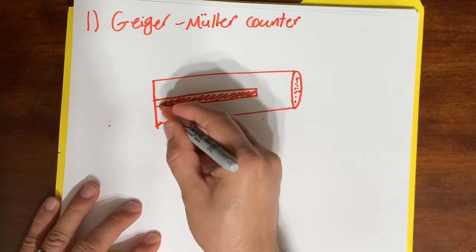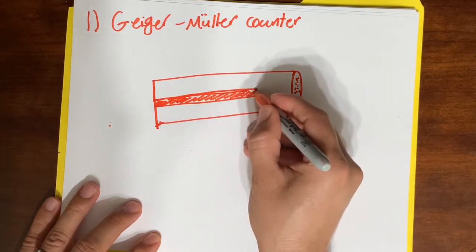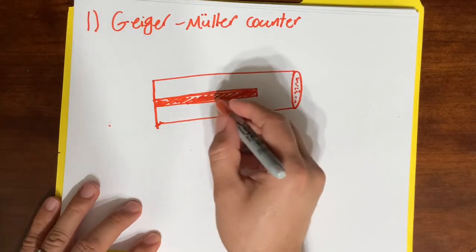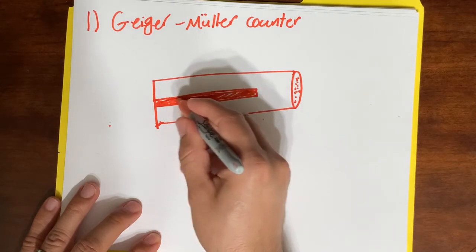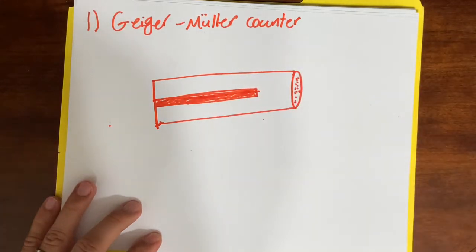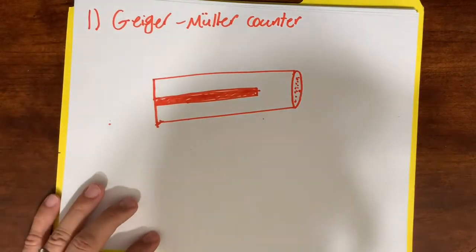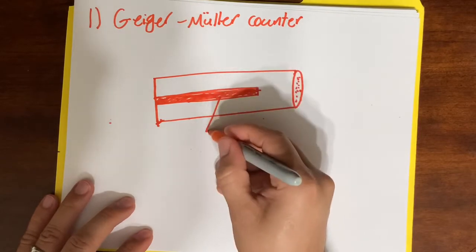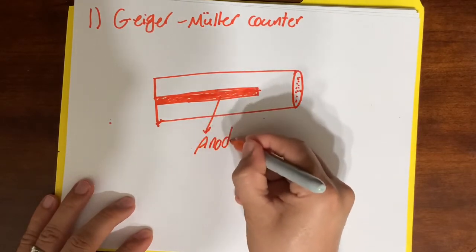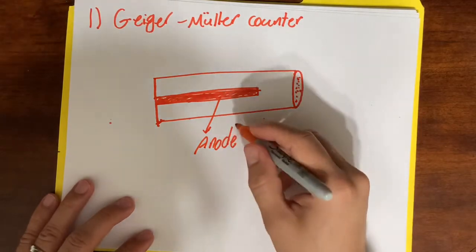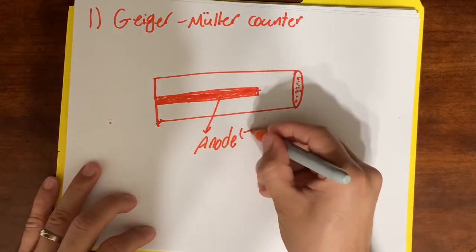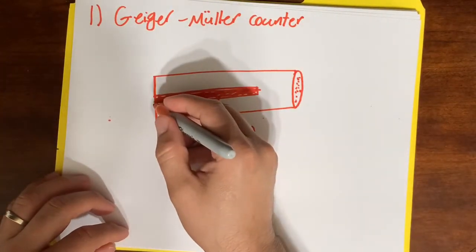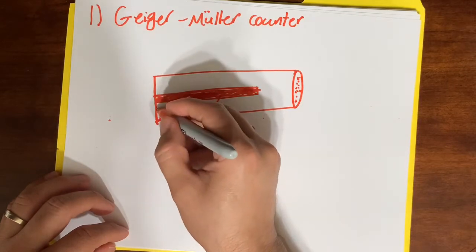This pin will be the cathode, sorry, I meant the anode, not the cathode. This one is the anode. Okay, so the anode here has a positive charge, and the cathode will be this one.